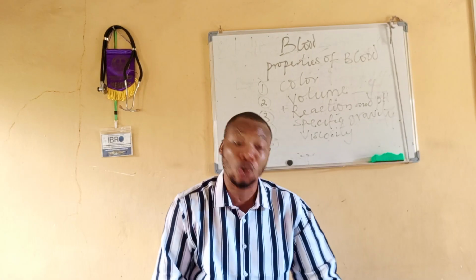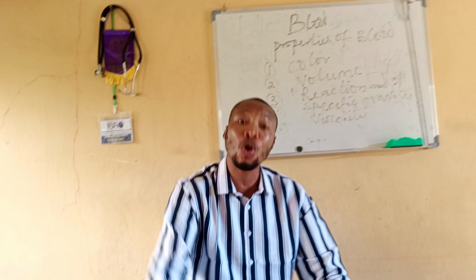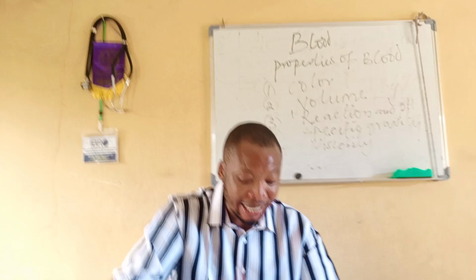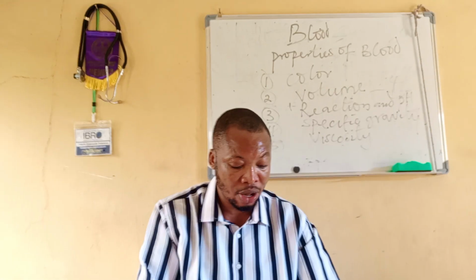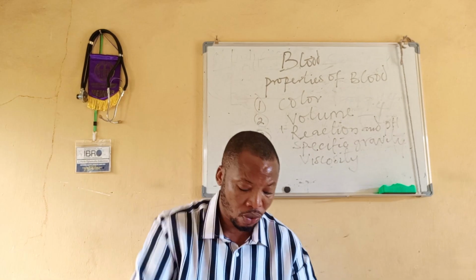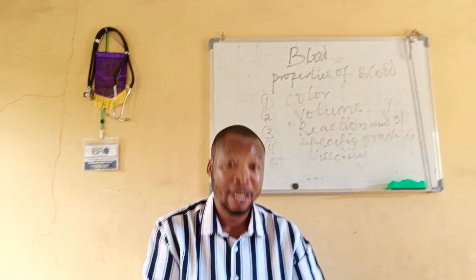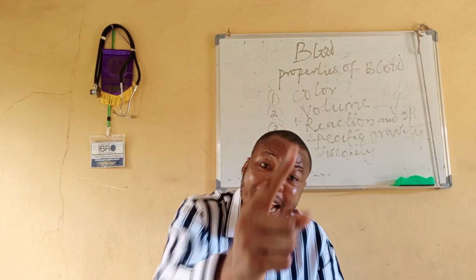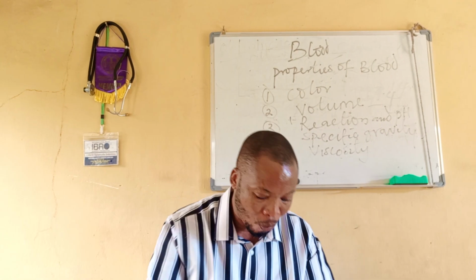The next function of blood is regulation of water balance. This helps in the regulation of water content of the body. Then the next function of blood is regulation of acid-base balance. How?